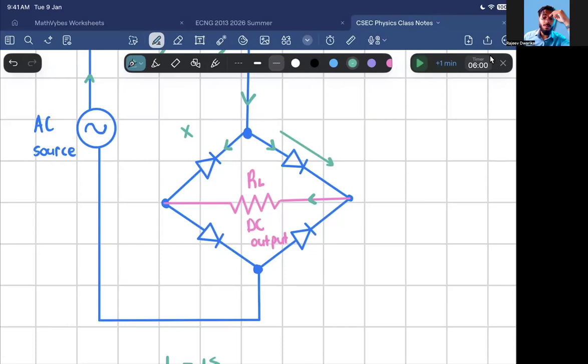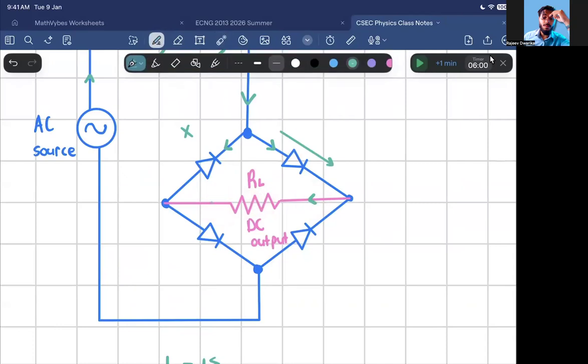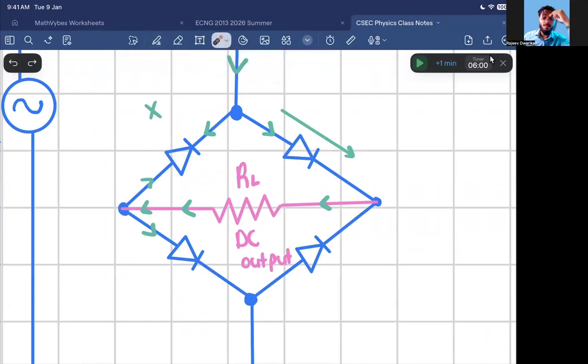Guys, I'm going to continue. You all understand the current is going to go through the resistor now, and then the current is going to encounter this junction. What is the current going to do at the junction? It splits.